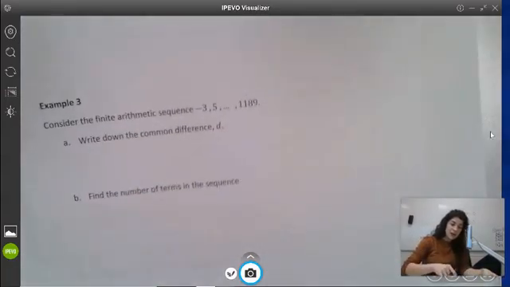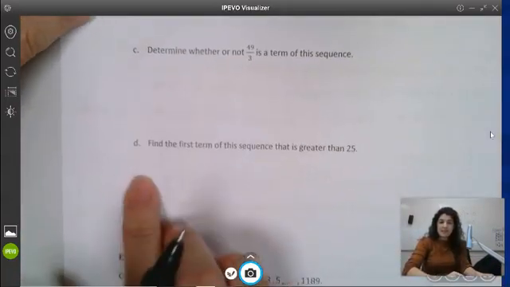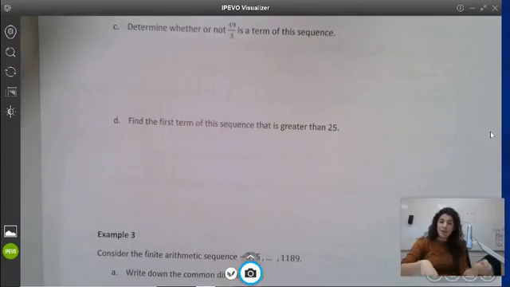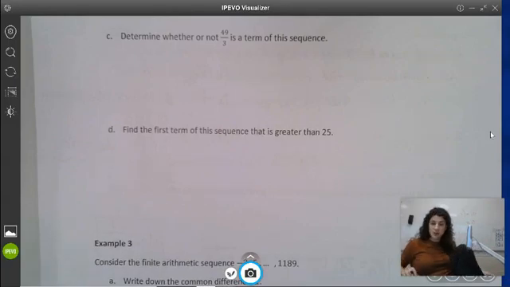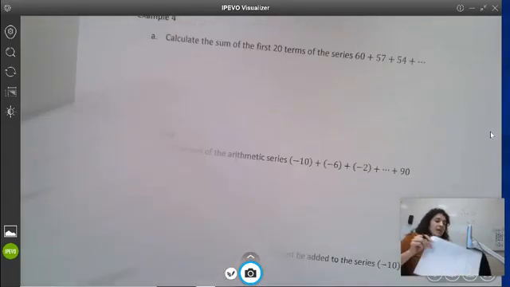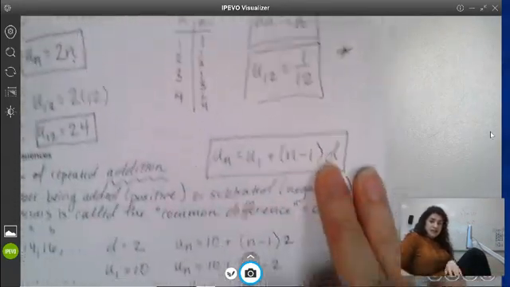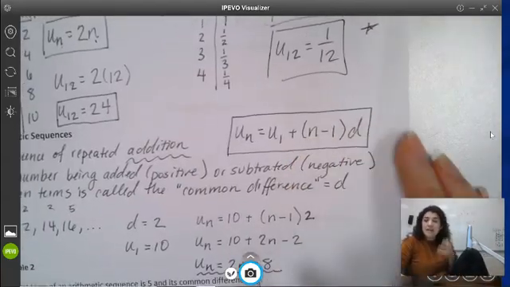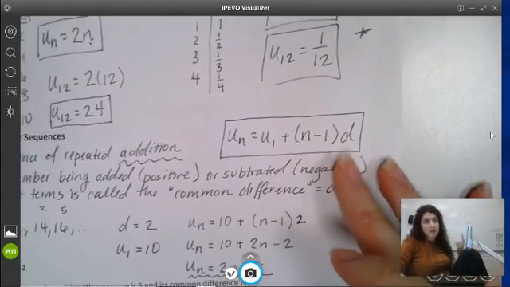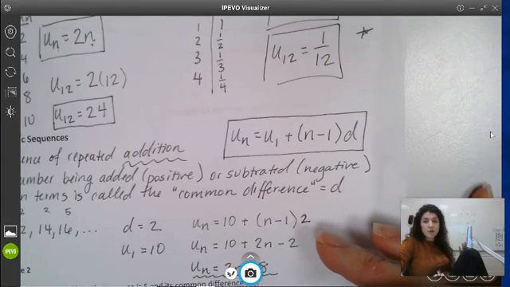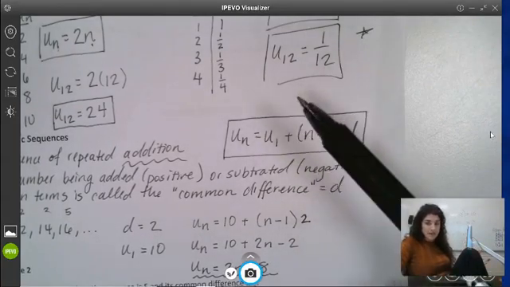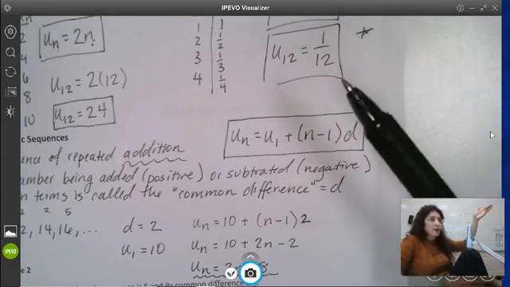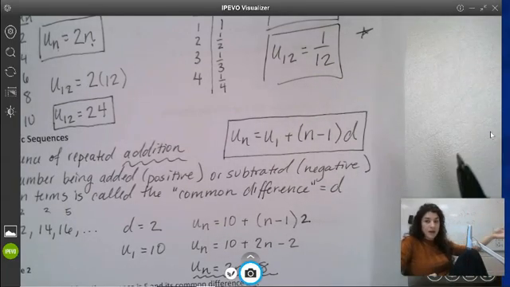Okay, we are continuing with this situation because C and D are responsive to the previous page. It says determine whether or not 49/3 is a term of this sequence. The thing to keep in mind is that if n is the number of the term, we've got the first term, the second term, the third term, the fourth term, we'll never have something like a 1.3 term or the 5.6 term.